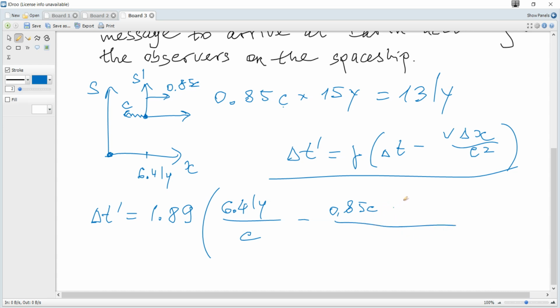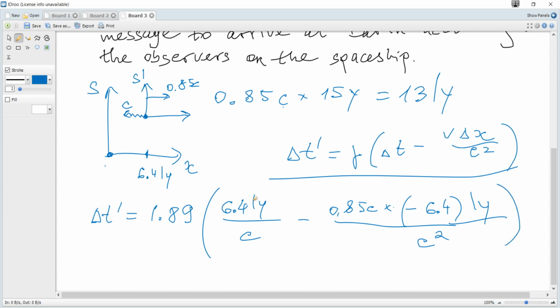Delta x is the interval in coordinates traveled by light, but you can see that it is moving to the left, so the final coordinate is 0, initial 6.4, so the change in coordinates is negative. Let's write negative 6.4 light years divided by c squared.